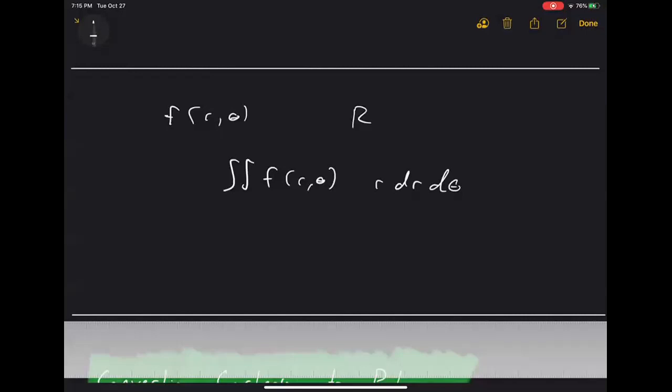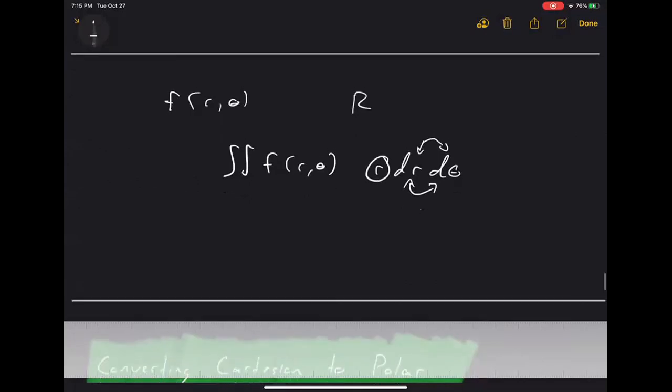And Fubini's theorem still applies, so we can change this order of integration. We can change dr d theta as long as we have constants here. So we can do that, but we always add this r term, regardless of what our function is.